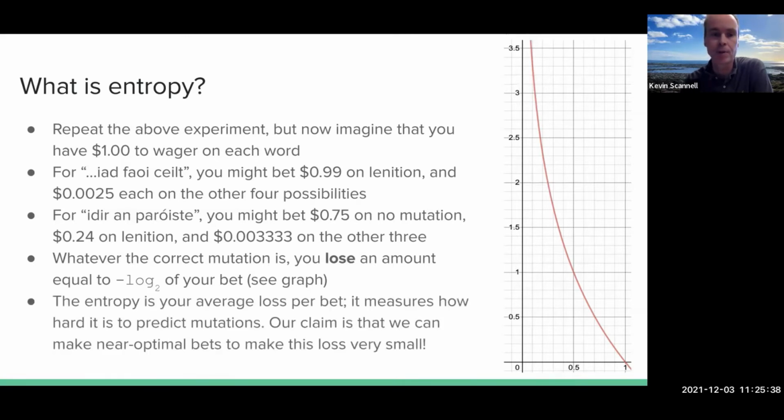All right, so the entropy is just your average loss per bet. And it's a very good measure of how hard it is to predict mutations. My claim that these are low entropy features, or that mutations carry almost no information, is just to say that I can train a system to make these bets near optimally so that this loss is very close to 0.